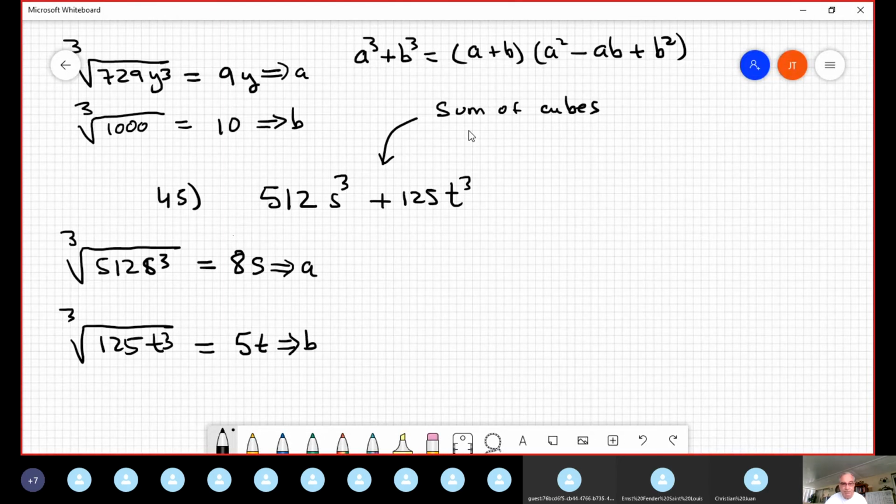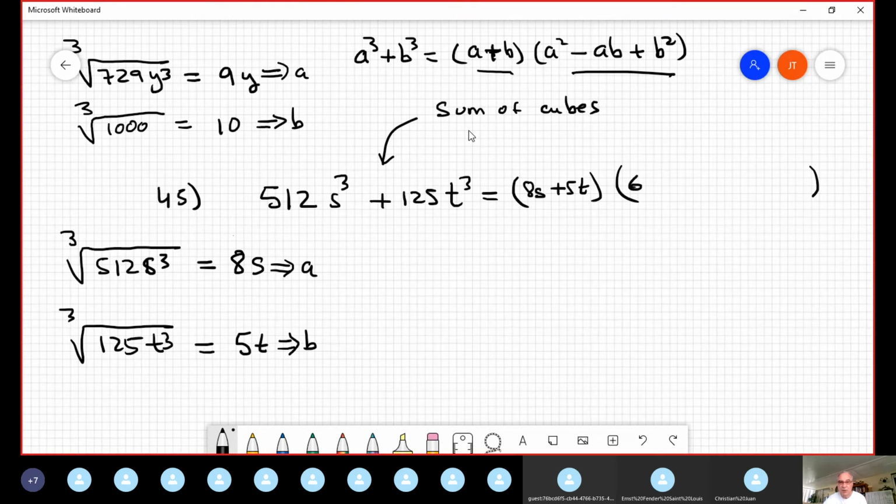And the formula: I open two parentheses similar to this. I copy 8S plus 5T, of course, plus like that. Now square this guy.